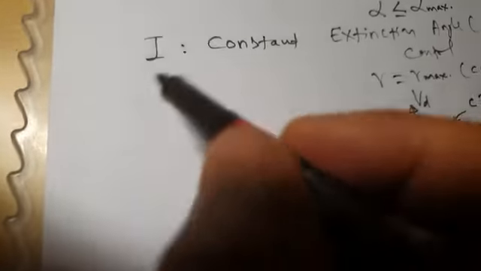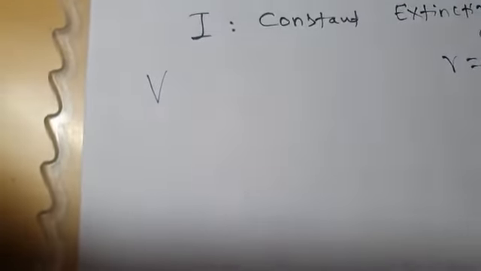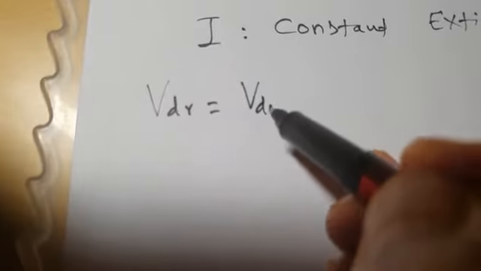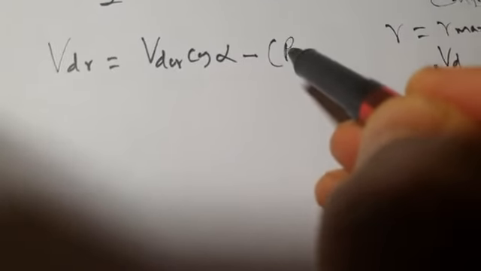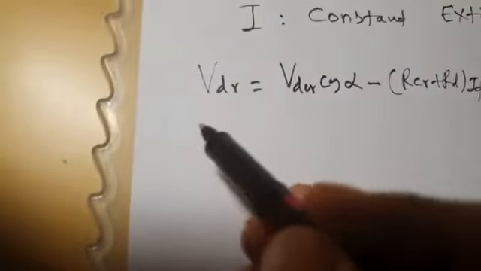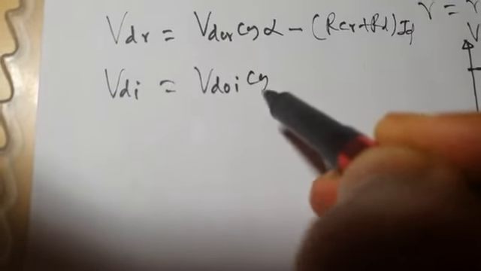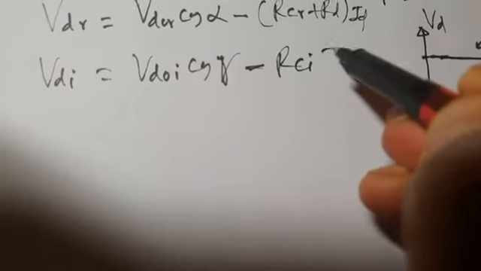That is because of the reason that if you find the rectifier voltage VDR, that is equal to VDOR cos alpha minus (RCR plus RL) into ID. And for inverter, VDI is equal to VDOI cos beta or cos gamma minus RCI ID.